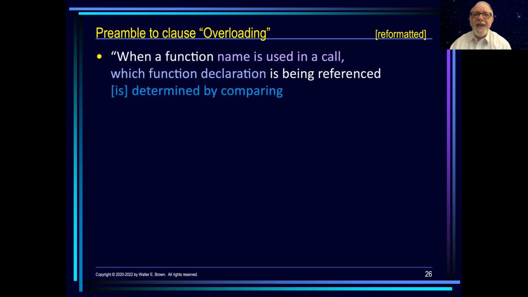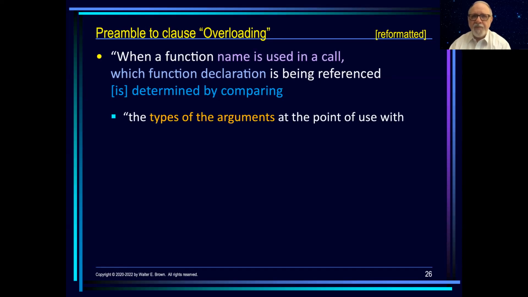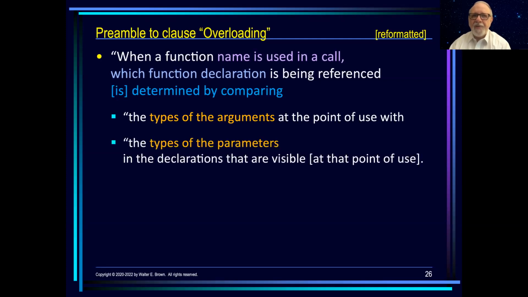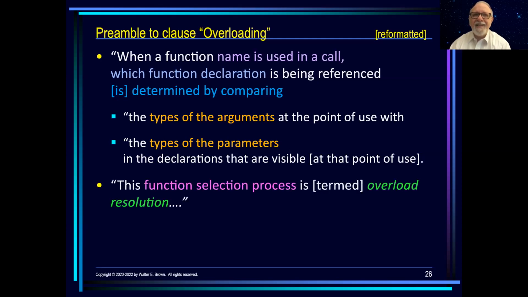And it begins by saying, when a function name is used in a call, which function declaration is being referenced is determined by comparing the types of the arguments at the point of use with the types of the parameters in the declarations that are visible at that point of use. And this process of selecting the right function is what is termed overload resolution.